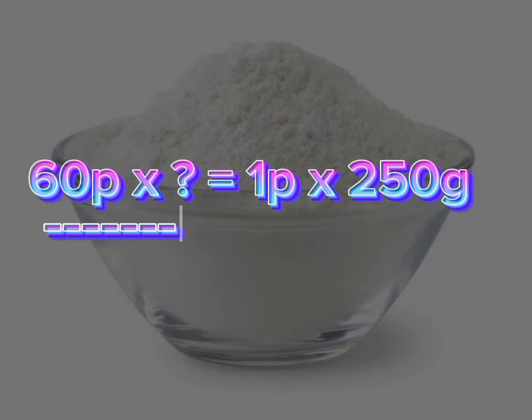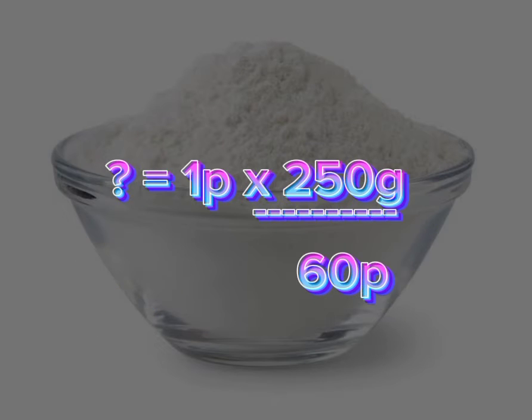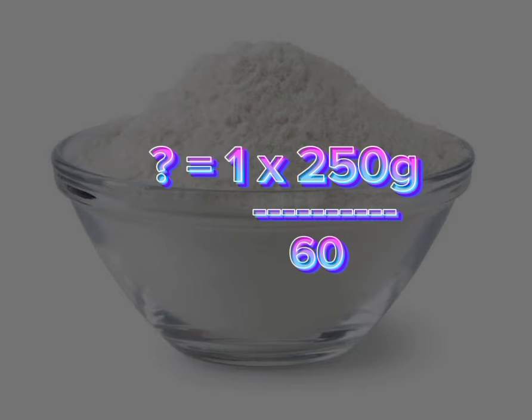If we divide both sides by 60 pieces, which is the coefficient of the question mark, then we'll cancel out the left hand side and we will have 1 piece times 250 grams divided by 60 pieces of donut. Pieces under, we cancel out the pieces on the top, leaving 1 times 250 grams divided by 60.